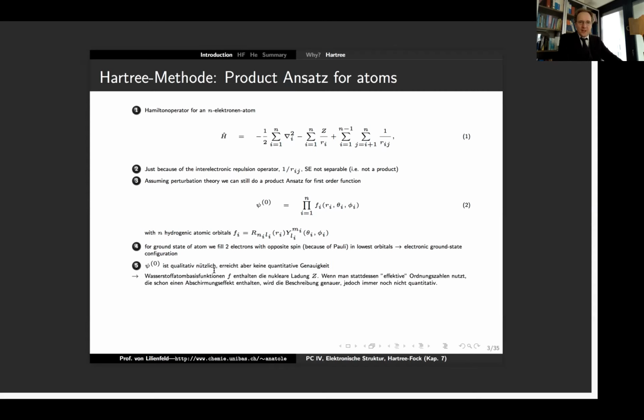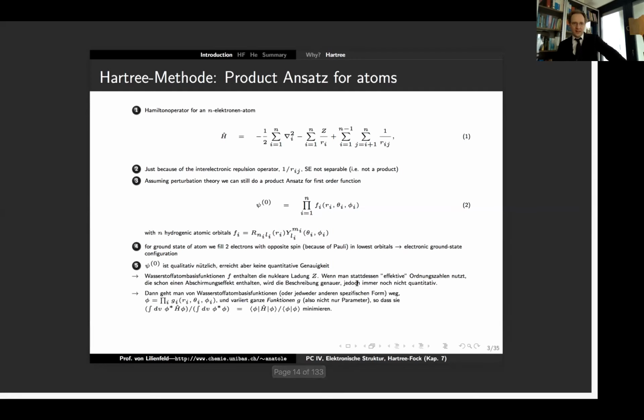These basis functions contain the nuclear charge Z. And as we've seen in perturbation theory, if instead you use an effective nuclear charge, you get some screening, which improves the description, but it's still not of quantitative accuracy.